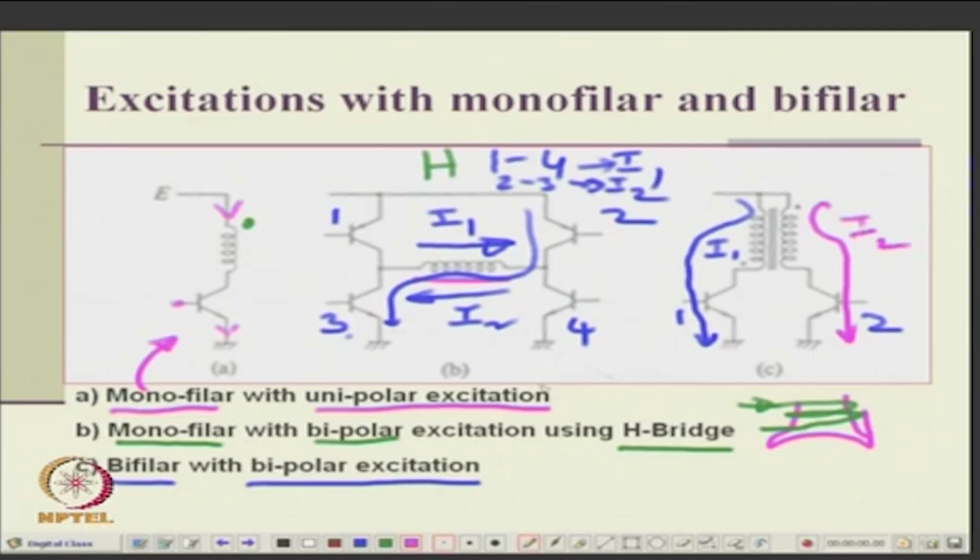Since they are wound in opposite directions, I1 gives you north pole, south pole, and I2 gives south pole, north pole, is not it? You see, the polarities are opposite. So, two parts are made, one maybe clockwise, the other anti-clockwise on the poles. I hope there is no problem with this understanding. So, these are the different types of windings in a stepper motor.